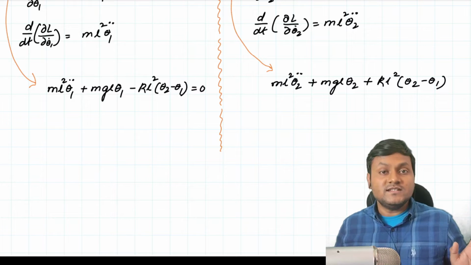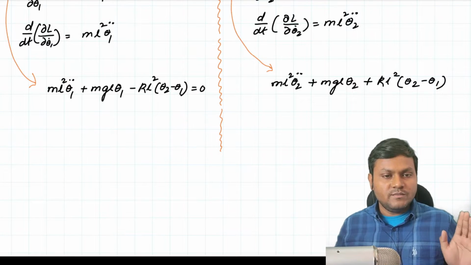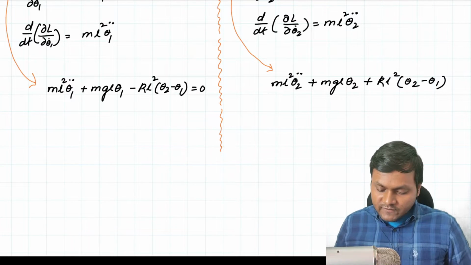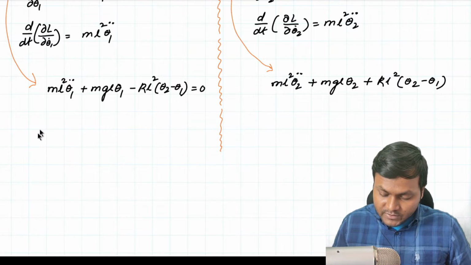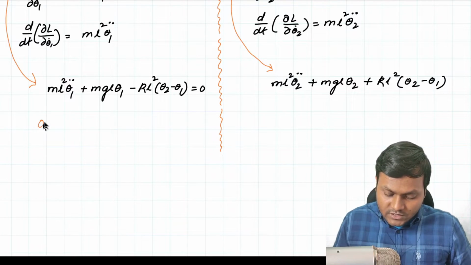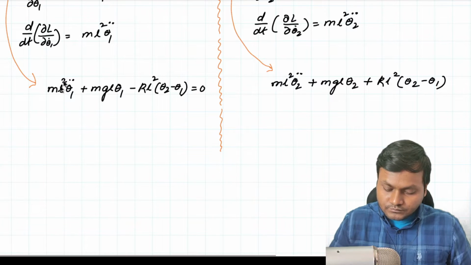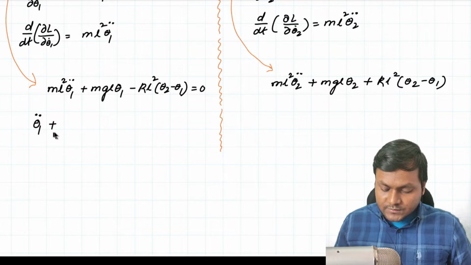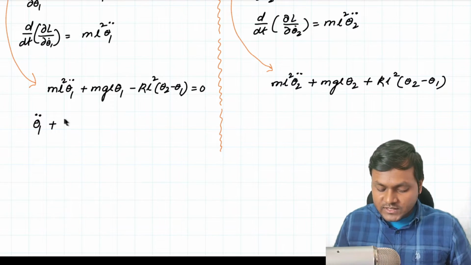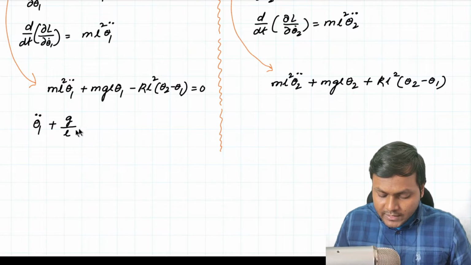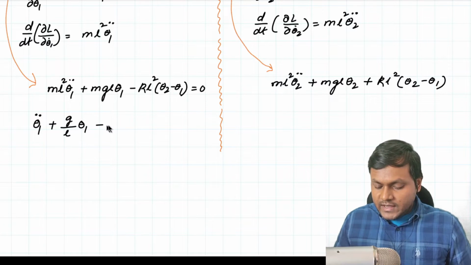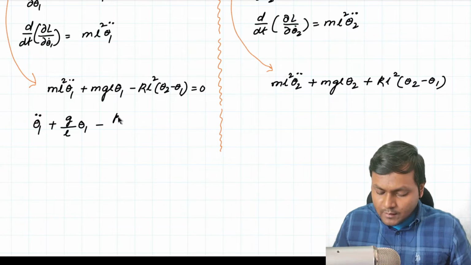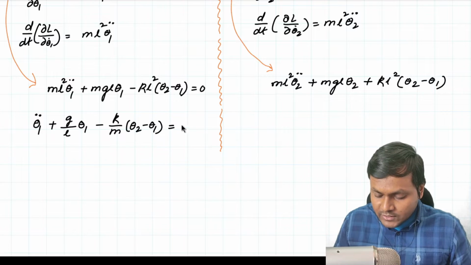I want to simplify this. Let us simplify the first equation by dividing the entire quantity by mL². If I divide the entire system by mL², this simply becomes θ1 double dot plus g/l θ1, and this becomes k/m (θ2 minus θ1) is equal to 0.